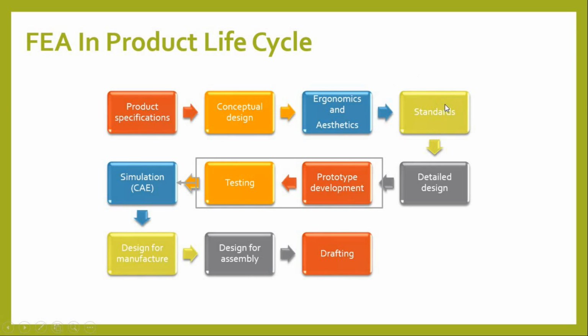Once they have designed the vessel using a standard, they don't want to do a prototype. They go directly to the simulation phase, and once simulation is done, they go to design for manufacture and assembly. So like that, FEA is said to be mandatory in any product life cycle nowadays.